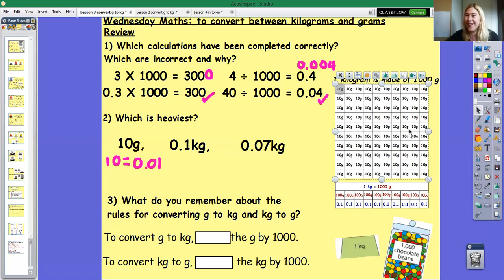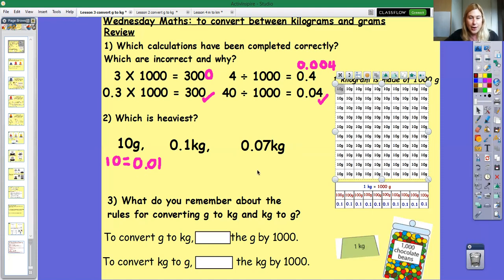And then we'd have our 10 lots of hundreds to make 1,000. There we go, I'm trying to get my head around that. If I just show you this, I can reveal that underneath each 10 grams is worth 1/100th. Okay, and we can see counting up in hundredths there, can't we? Okay, but remember that 10 hundredths makes 1/10. So we've got that equivalent amount there.